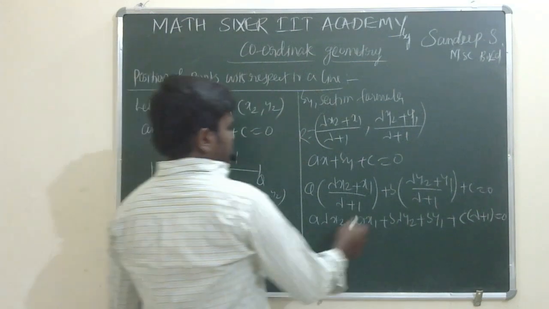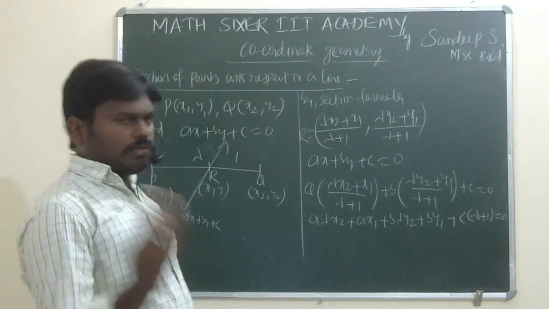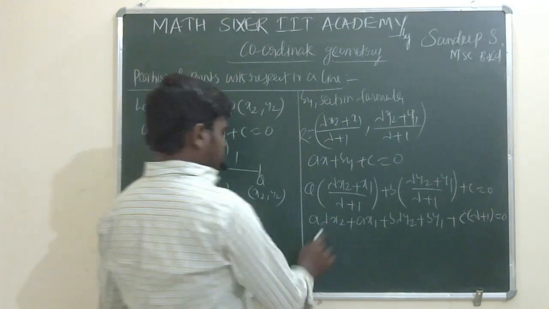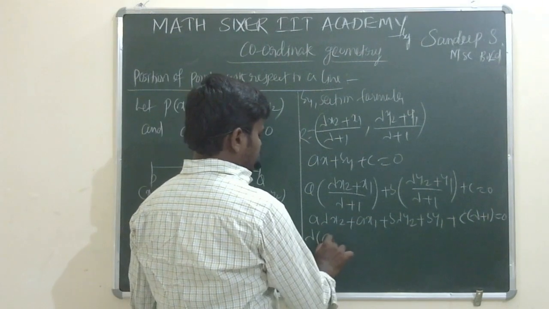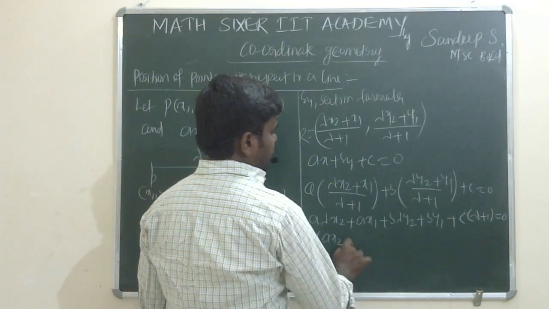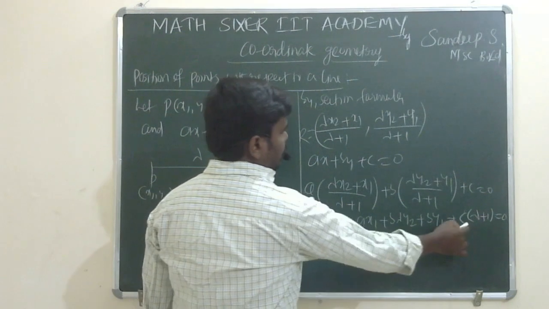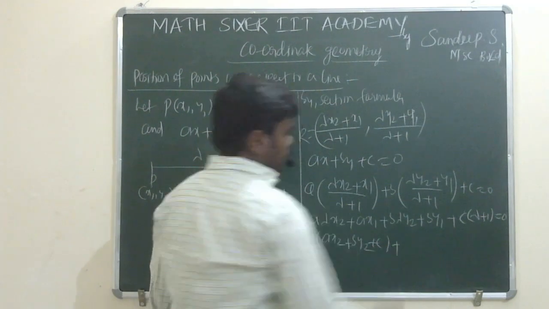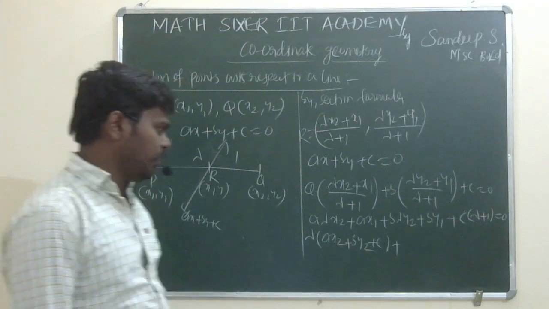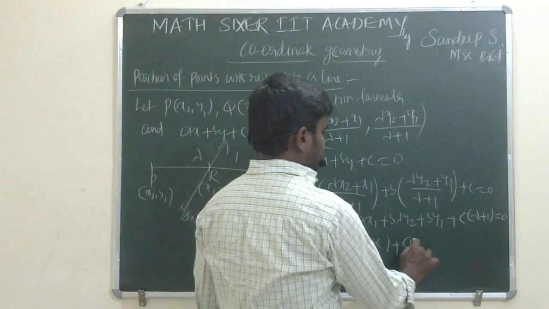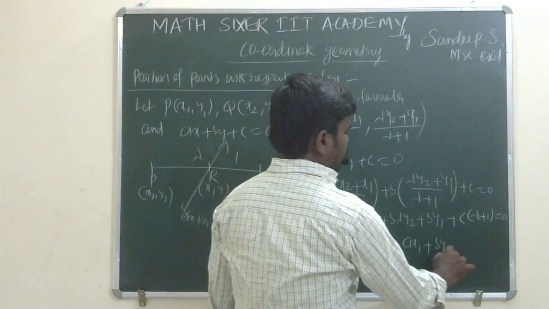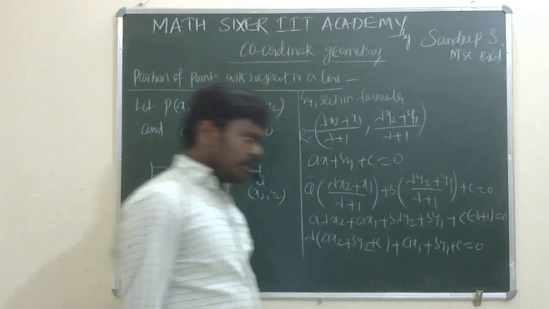Now separate the terms containing lambda and those free from lambda. Taking lambda common, here ax2, and here by2, and here c. Next, those free from lambda: ax1 + by1 + c = 0.